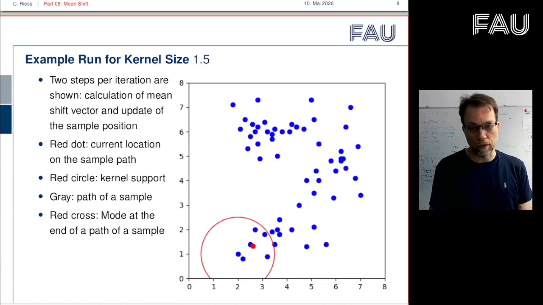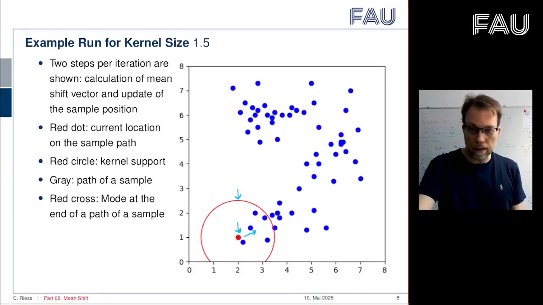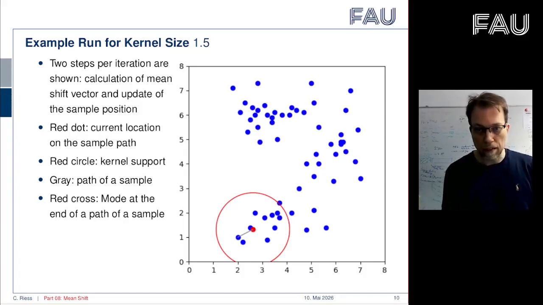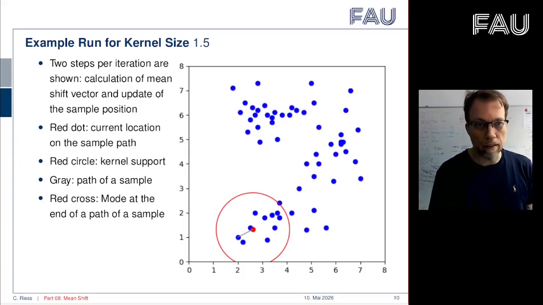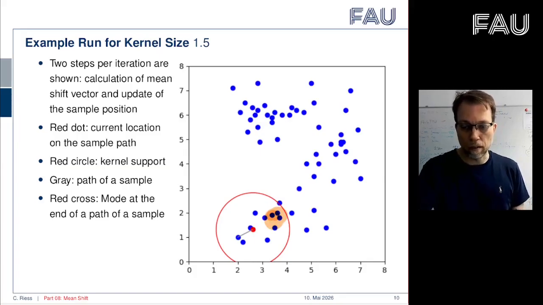So it moves over there, and evaluating the kernel from that location leads to an even higher density, or even more samples here in that domain. So we're going to move further in that direction.